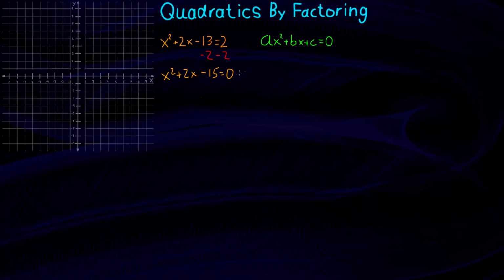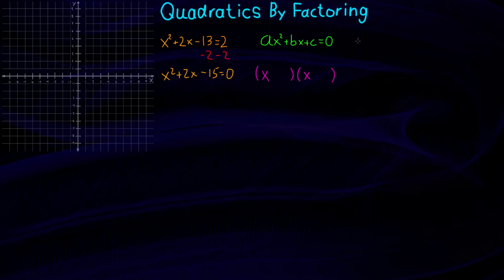Let's see here. So it's just x squared. So we can rest assured here that it's just going to be an x and an x, probably. It won't necessarily work out that way, but I think it will. And let's see, we need numbers that multiply to negative 15 and add to 2.